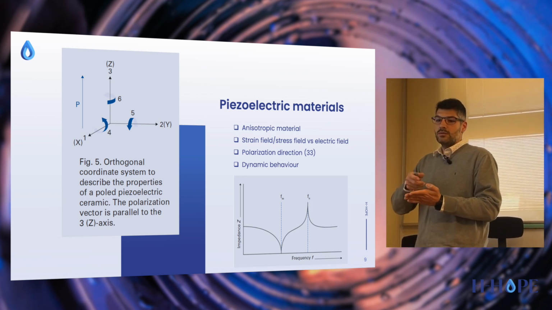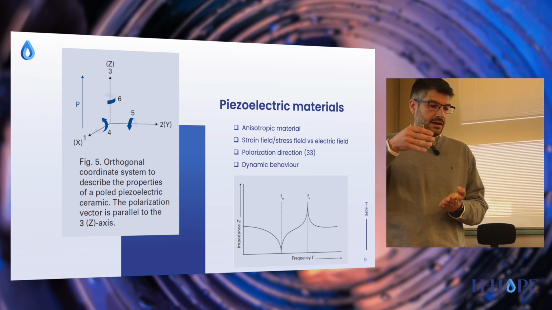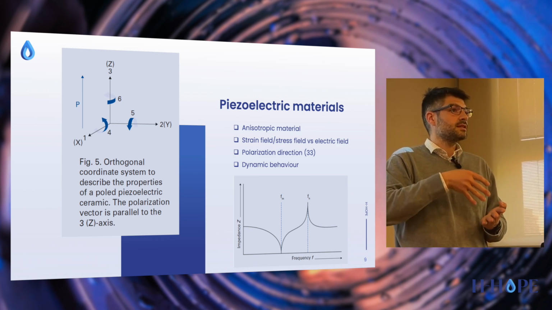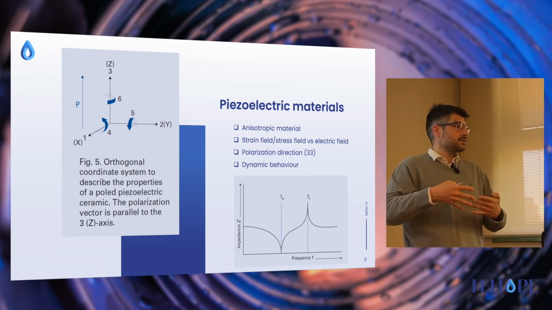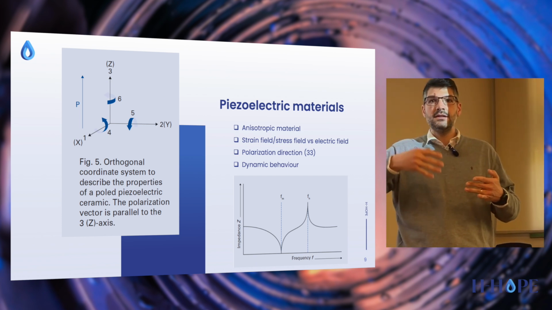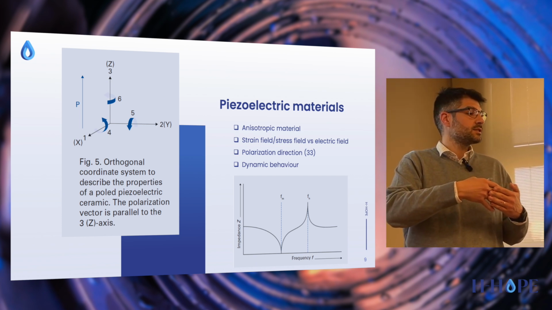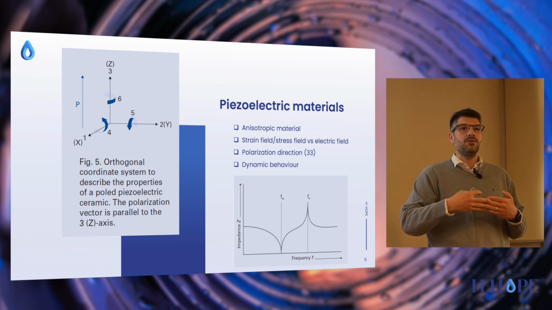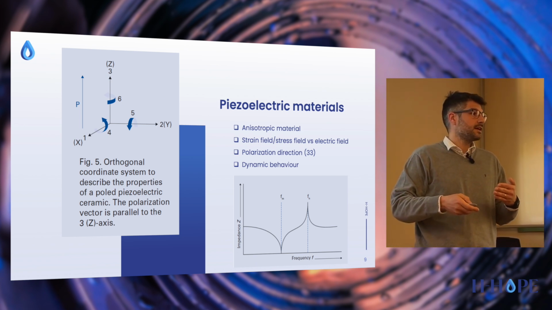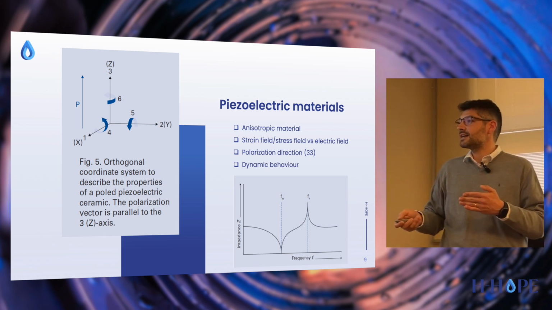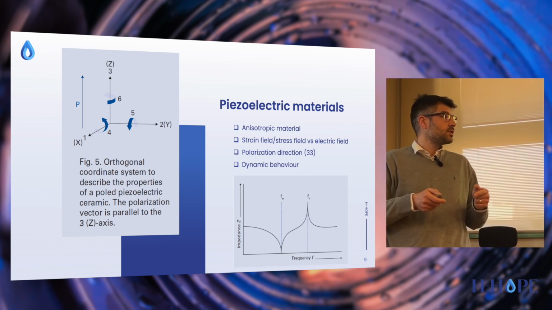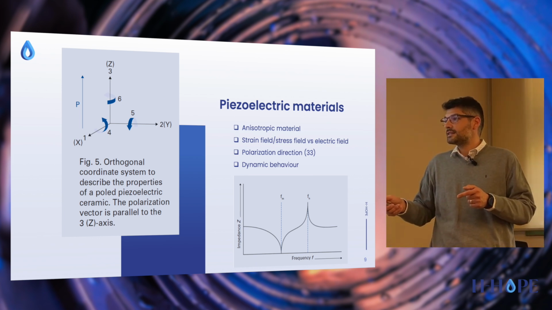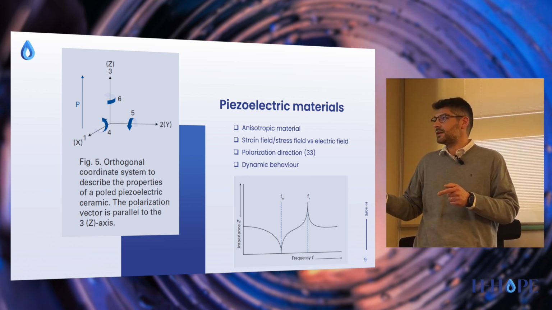So when we start to apply an electrical field, or we excite with an oscillating shear stress, or with an oscillating tensile and compression force, what we can see is that the internal impedance of the piezoelectric patch has frequency-dependent behavior.